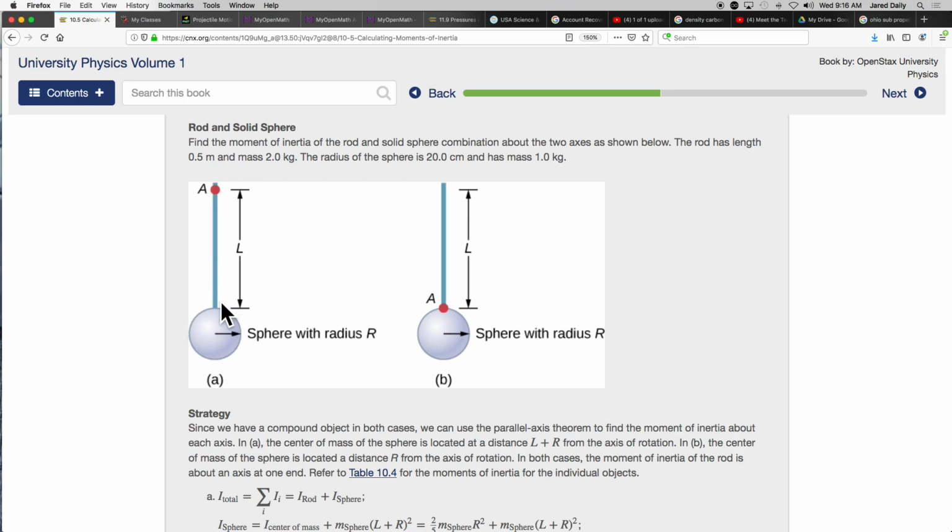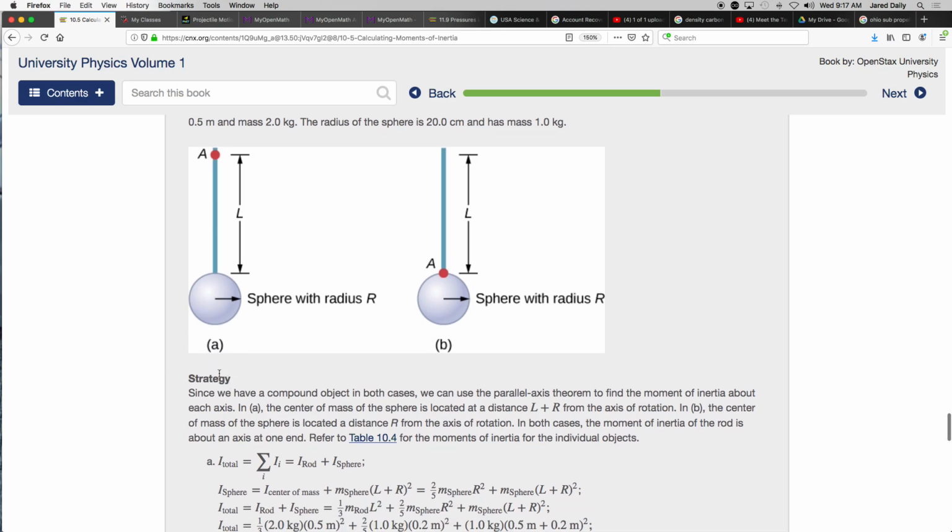Since this sphere is rotating at a distance away outside of the sphere, and it's orbiting around here, then we have to use the parallel axis theorem to figure out the I for the sphere. The rod, however, since the point of rotation is sitting on the rod, we can use just a formula for the rod. So we'll start with the parallel axis theorem for the sphere. So to do the parallel axis theorem, we calculate the moment of inertia of the sphere around its center.